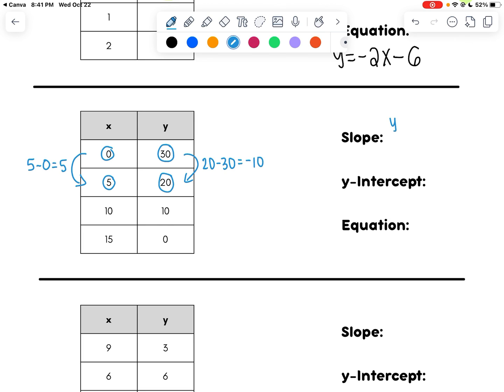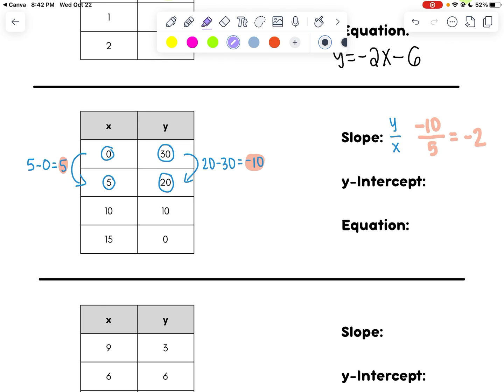Now remember we said our slope was y over x. So my value for my change in y is -10. Sorry, my change in x is 5. My slope, -10 divided by 5. I'm going to be left with a -2.